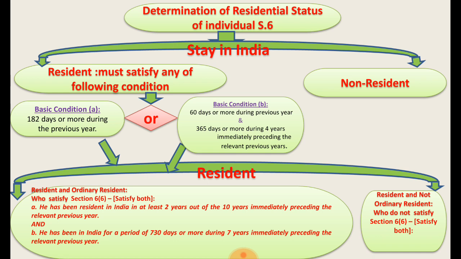The person who satisfies either basic condition A or basic condition B, and then does not satisfy both conditions of section 6 clause 6, will be called a resident and not ordinary resident, because that person may fulfill one condition under section 6 clause 6, or may not satisfy either of these two conditions. In such circumstances, that person will be called a resident and non-ordinary resident.